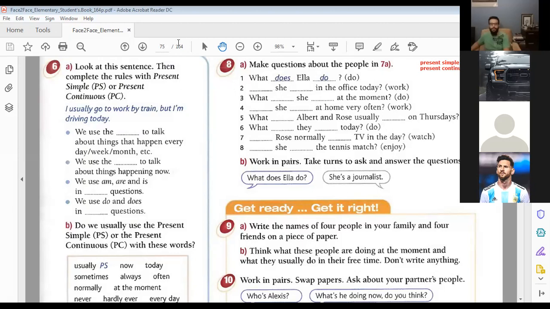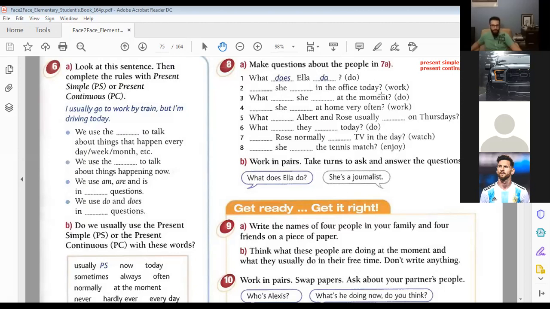What does she do, she works in the office today? Okay. First of all, before you answer, Rashid, you have to decide. Are you going to use present simple or are you going to use present continuous? You have to decide first.